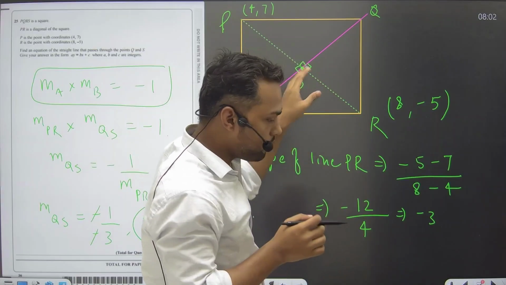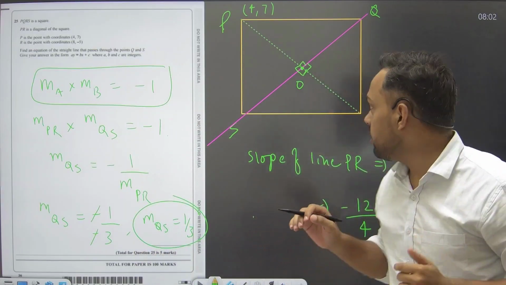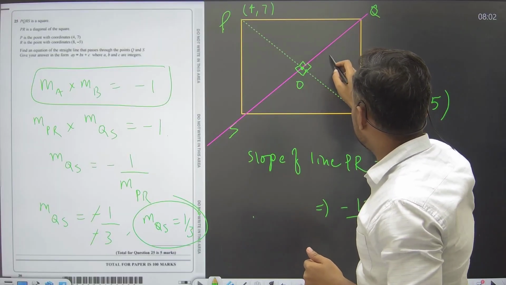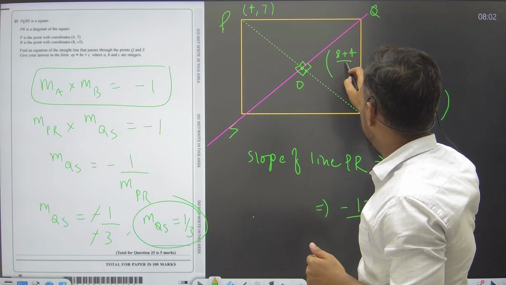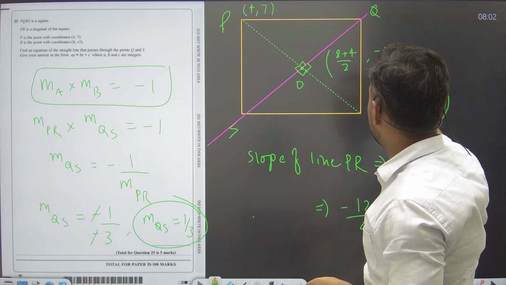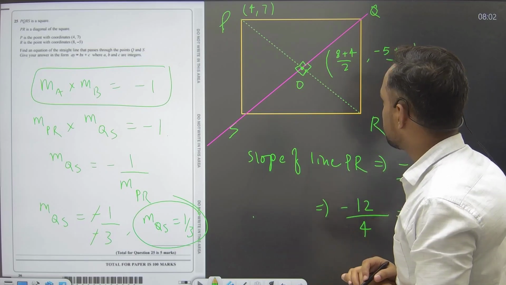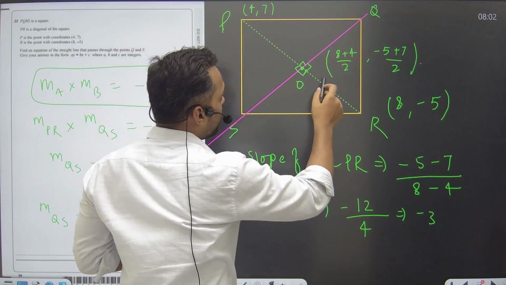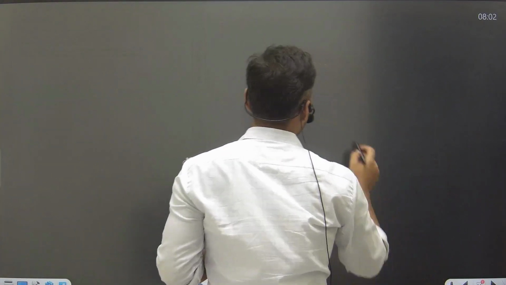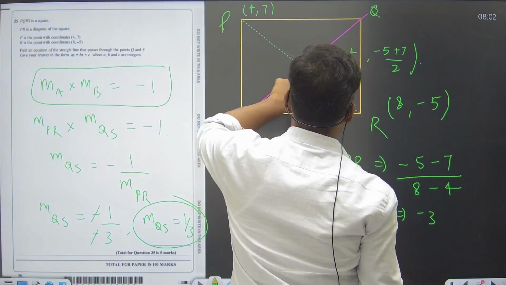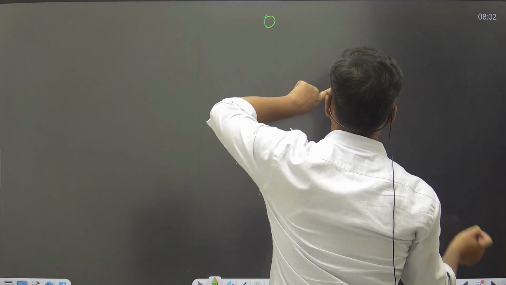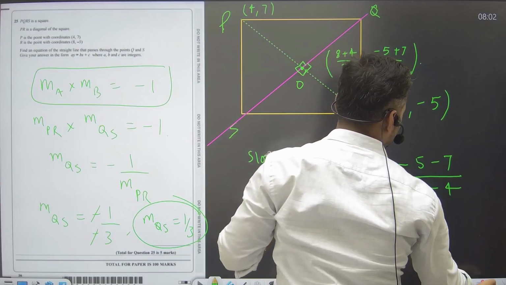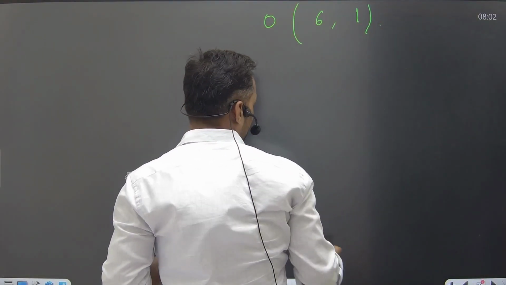I've already told that they bisect each other at 90 degrees, so the coordinate of this point will be 8 plus 4 by 2 comma negative of 5 plus 7 by 2, the average value of the coordinates of P and R. So the coordinate of O will be 6 comma 1.